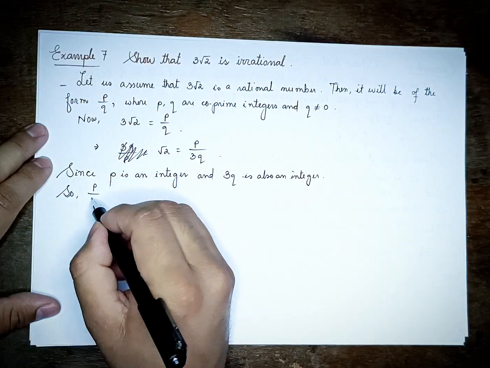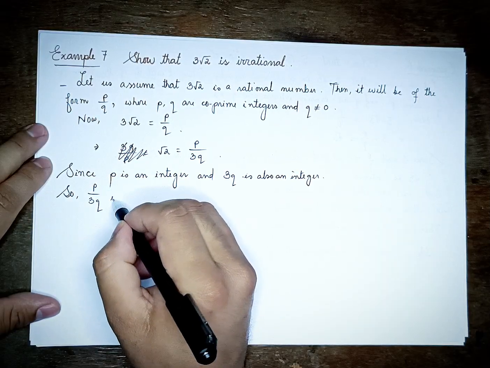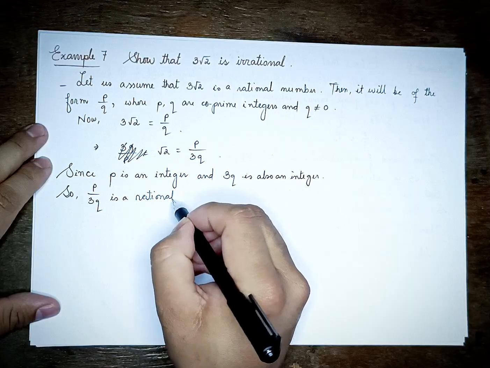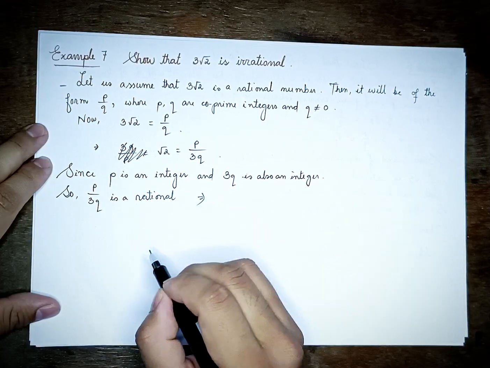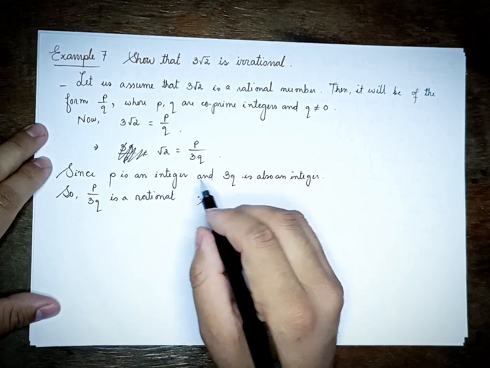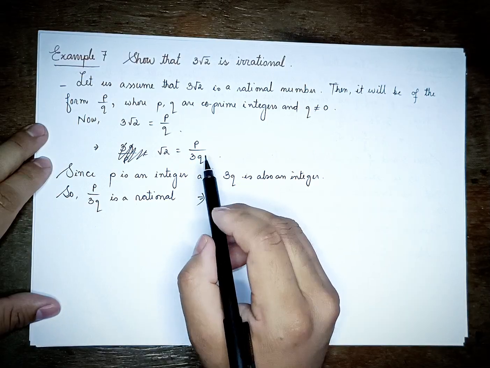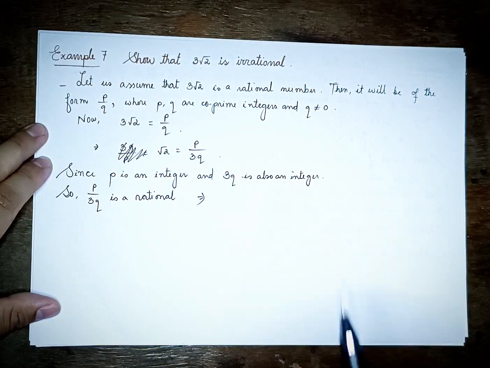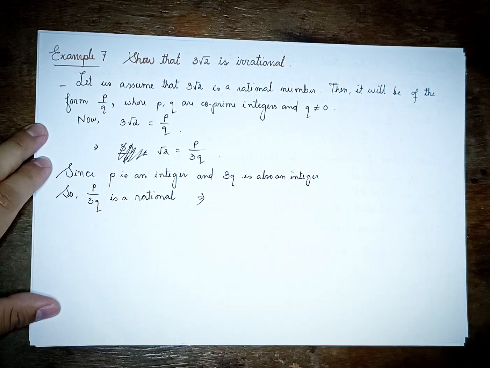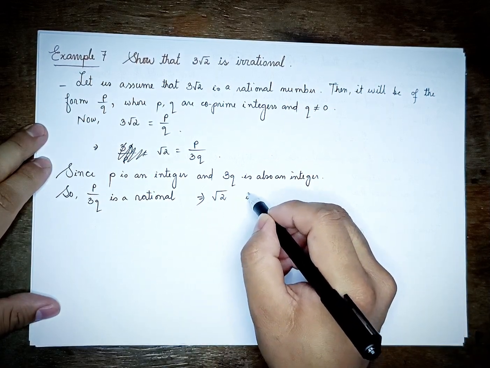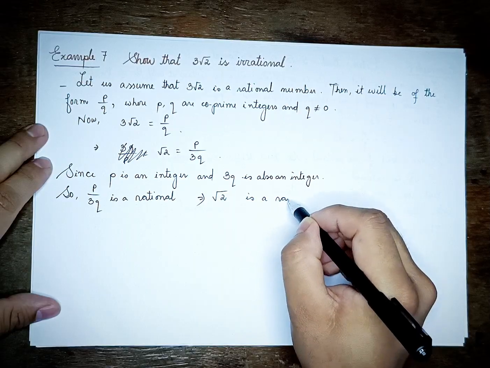So we can write: if this p divided by 3q is rational, then this root over 2 must also be a rational number. This implies root over 2 is a rational number.